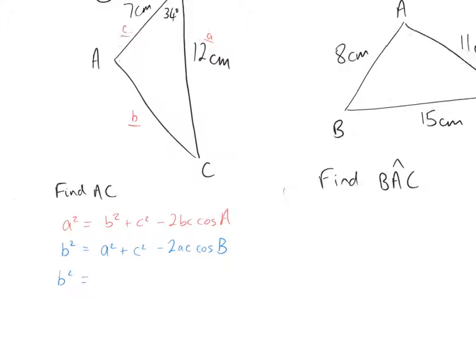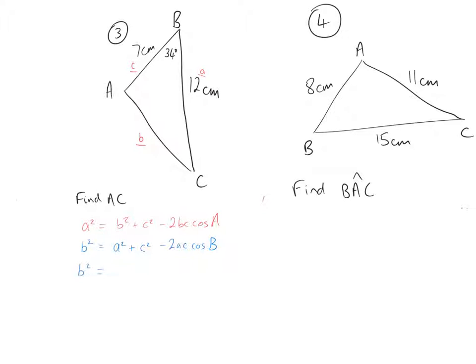I'm now going to chuck my numbers into that, so that will give me b squared is equal to, let me zoom out a little bit, 7 squared plus 12 squared minus 2 lots of 7 and 12, and then cos, and then the angle being 34. That goes into my calculator, and it gives the answer B squared is 53.72.